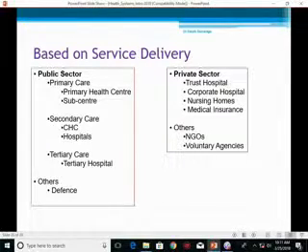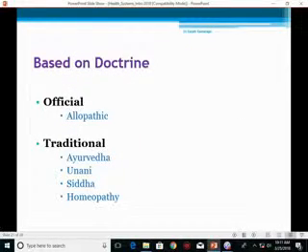Then in the private sector, we have private hospitals, corporate hospitals, nursing homes, insurance schemes, and then NGOs running various voluntary organizations like the Red Cross providing various services. So this is how we classify the health system based on service delivery. How do you deliver this?